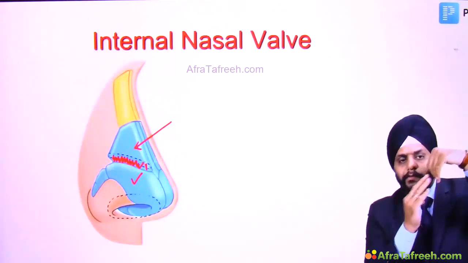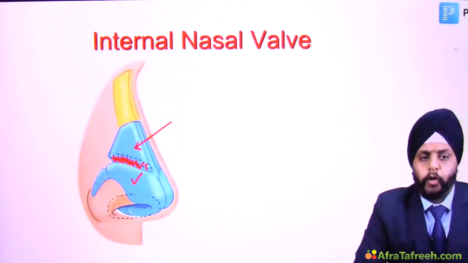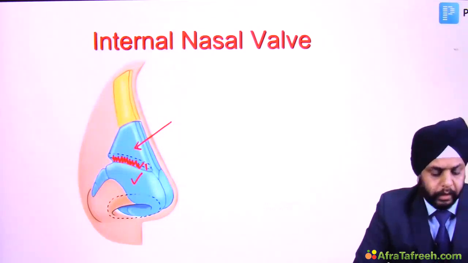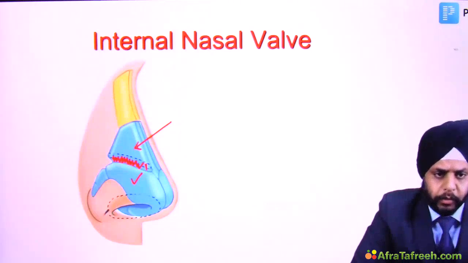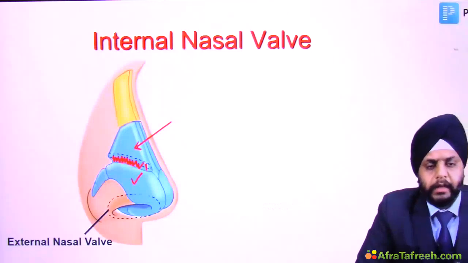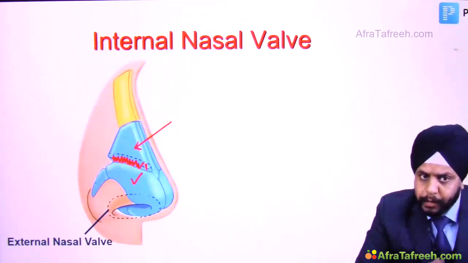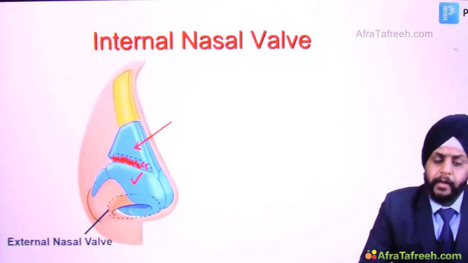This part which has gone in, it forms a valve inside the nose, right? So there are two valves in the nose. One is the external nasal valve that is formed by the ala and the septum, right? It is at the nasal opening.